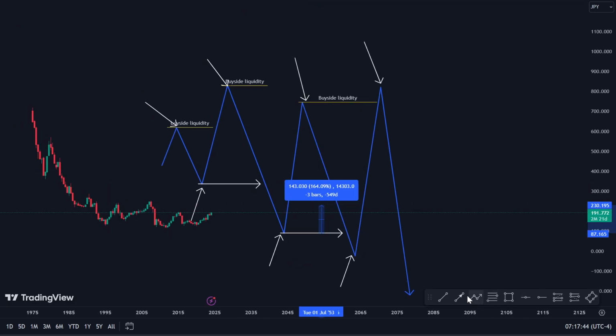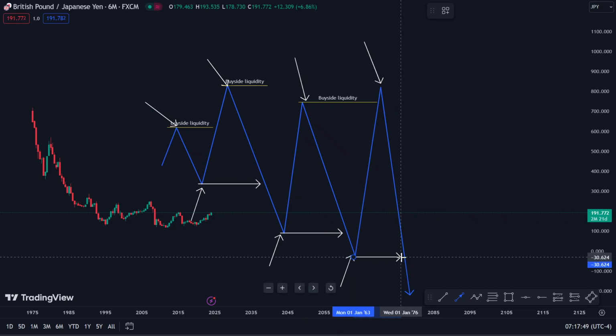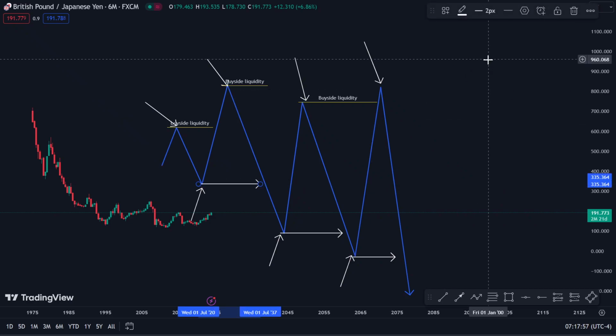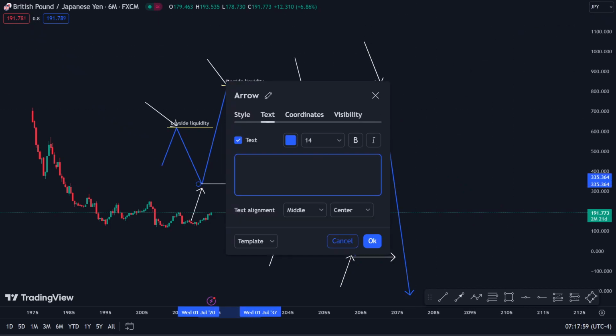Below each and every swing low, we have a bunch of sell stops resting, which forms our sell side liquidity.